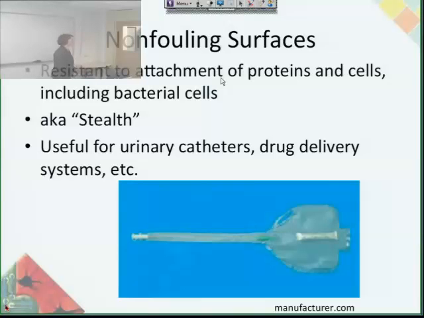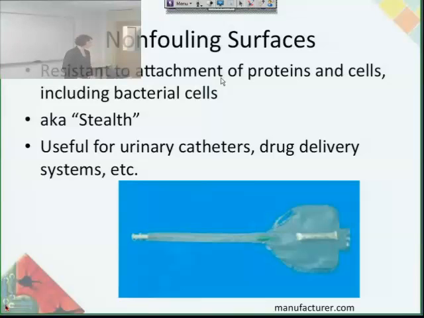Since proteins and cells, including bacterial cells, cannot attach to these materials, you can't have bacterial colonization and you won't have infection. They're also called stealth materials because the immune system doesn't really recognize them, but that's kind of an ambiguous statement, so we'll just stick with the fact that cells can't attach.